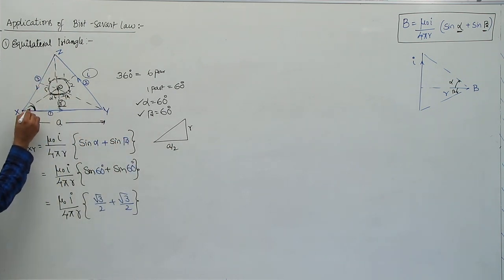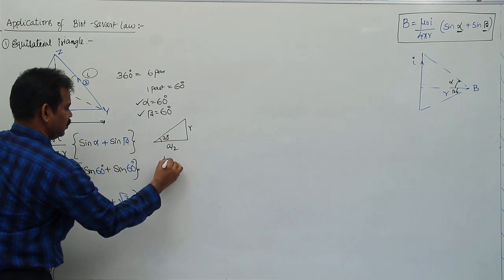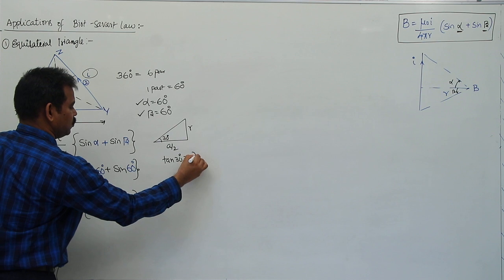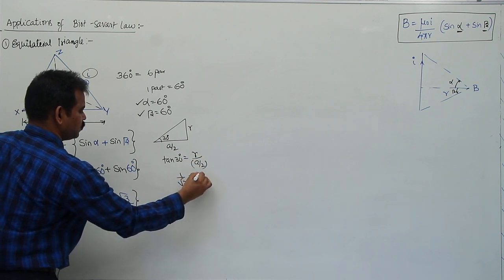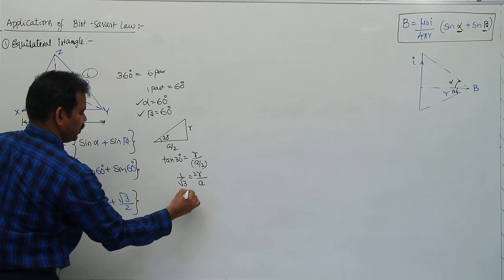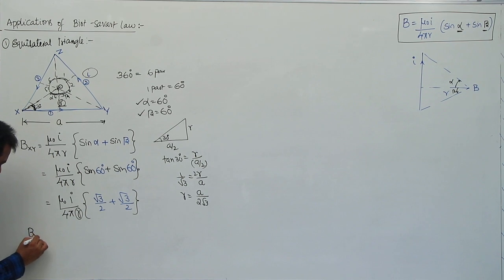This is the bisector line, so this will be 30 degrees. So tan 30 is equal to R by A by 2. 1 by root 3 is equal to R by A by 2. So R is equal to A by 2 root 3.